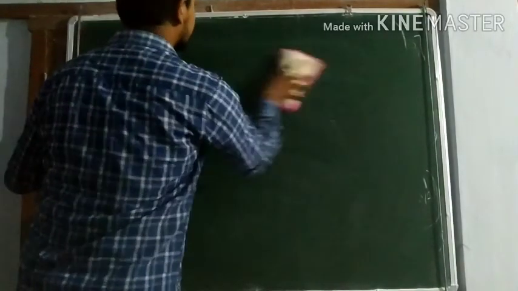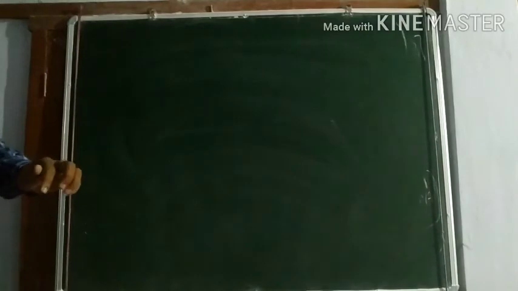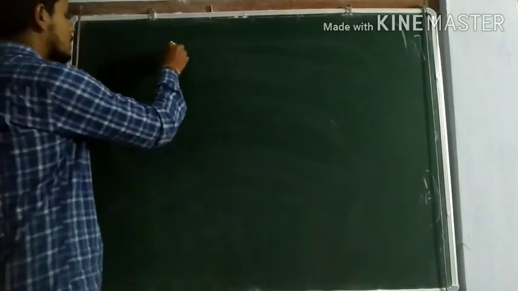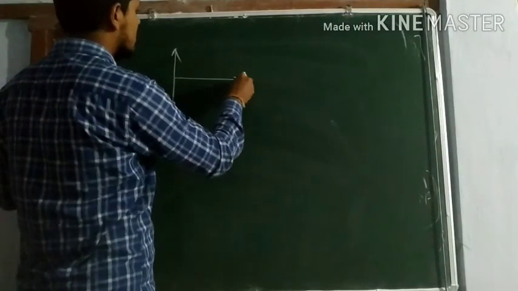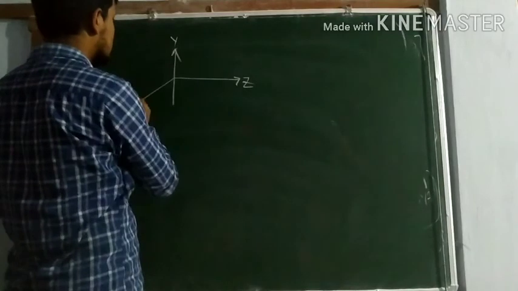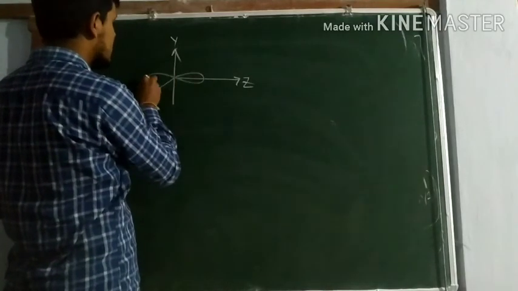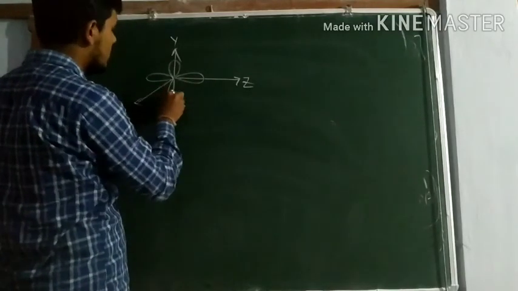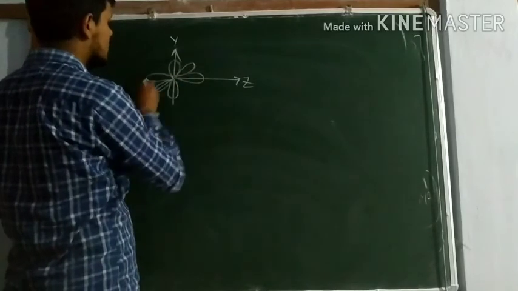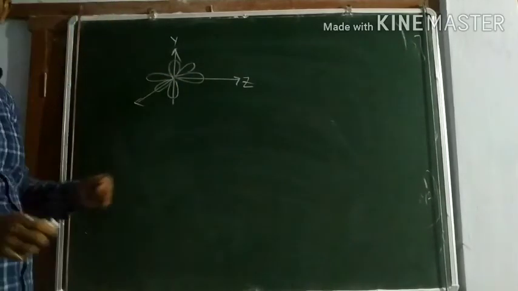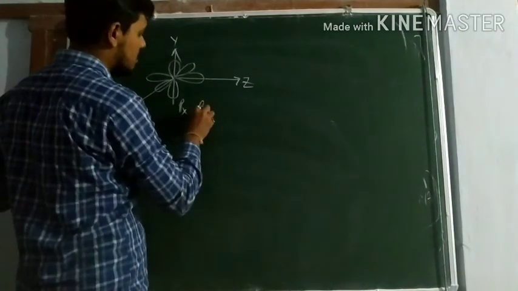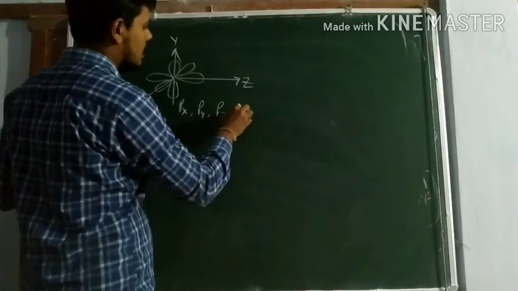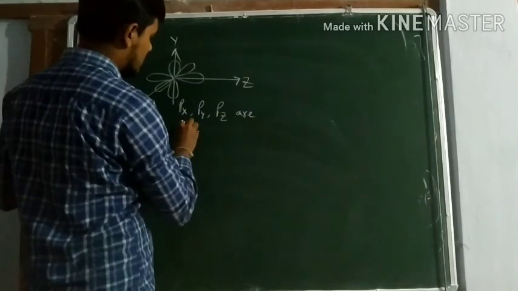Now, if I see in 3D, if I take all these together, this is the y-axis, this is the z-axis, and this is the x-axis. So this is the pz orbital, this is the py orbital, and this is the px orbital. So all these px, py, and pz orbitals are perpendicular to each other.